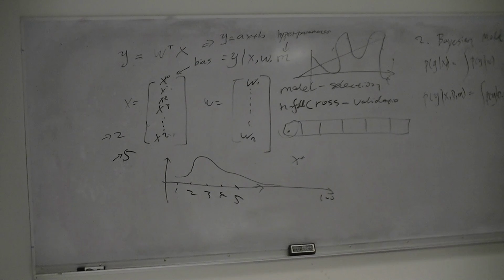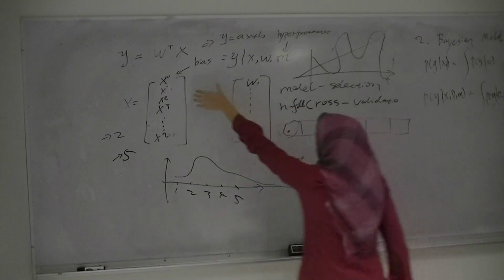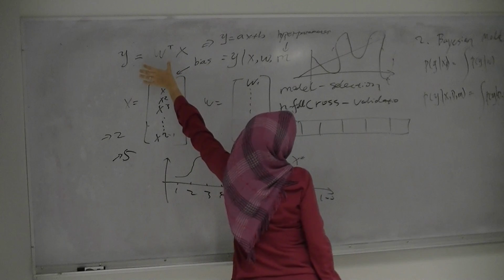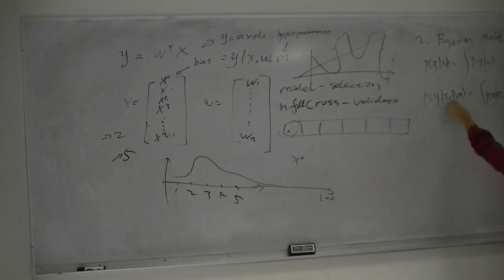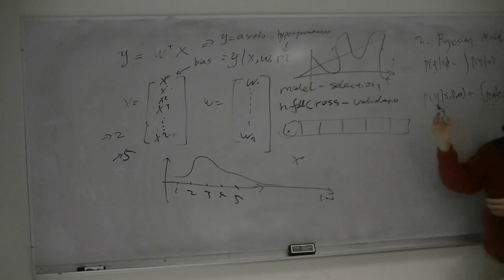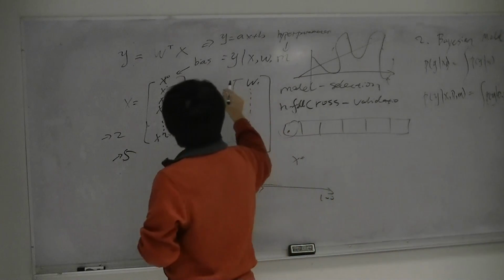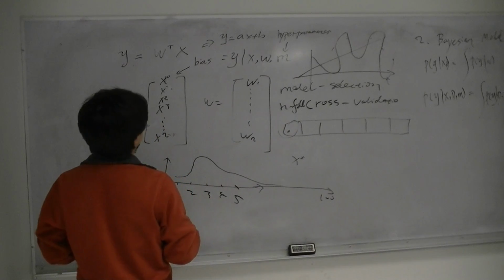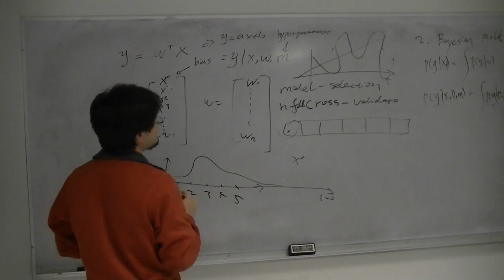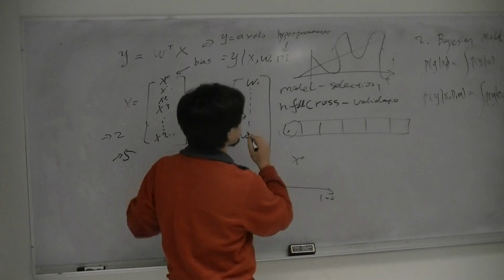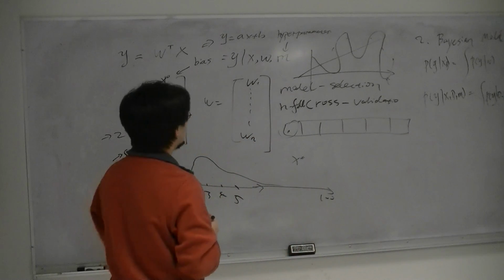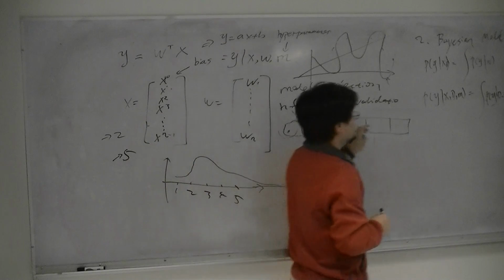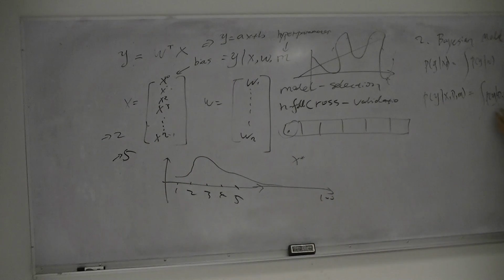D is the training data. And you just write it down using this equation. This equation is this guy. And M is one of the models; this is your hypothesis.